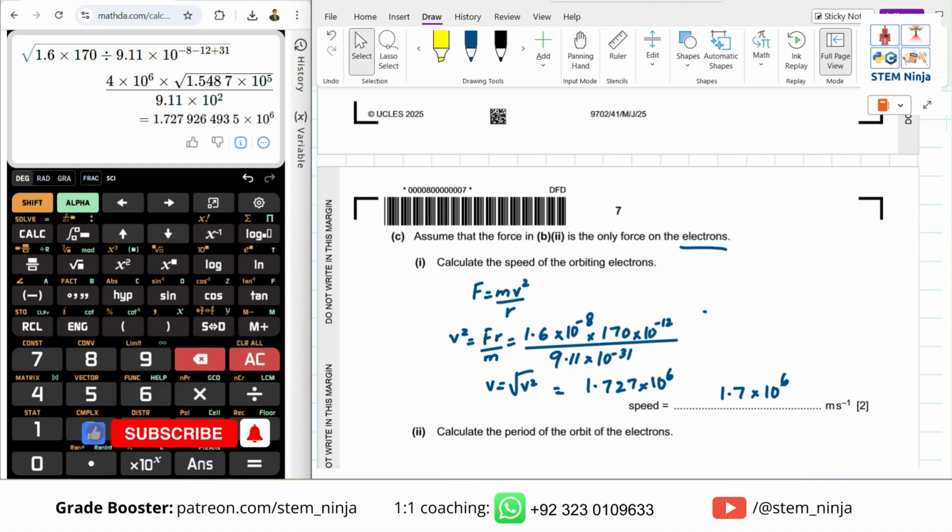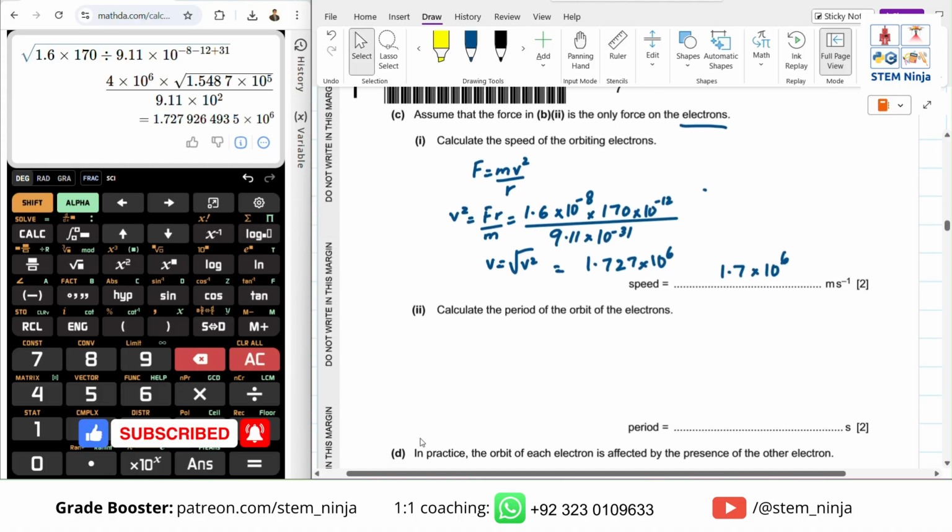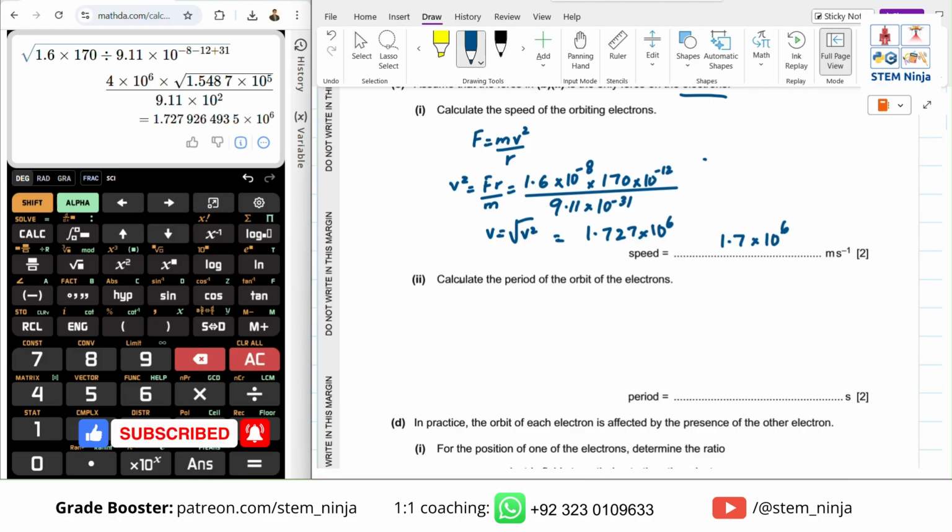Calculate the period of orbit of the electrons. We have found v is equal to r omega. Omega is basically 2 pi over T. So we can rewrite this as T is 2 pi over omega, and omega is v over r.